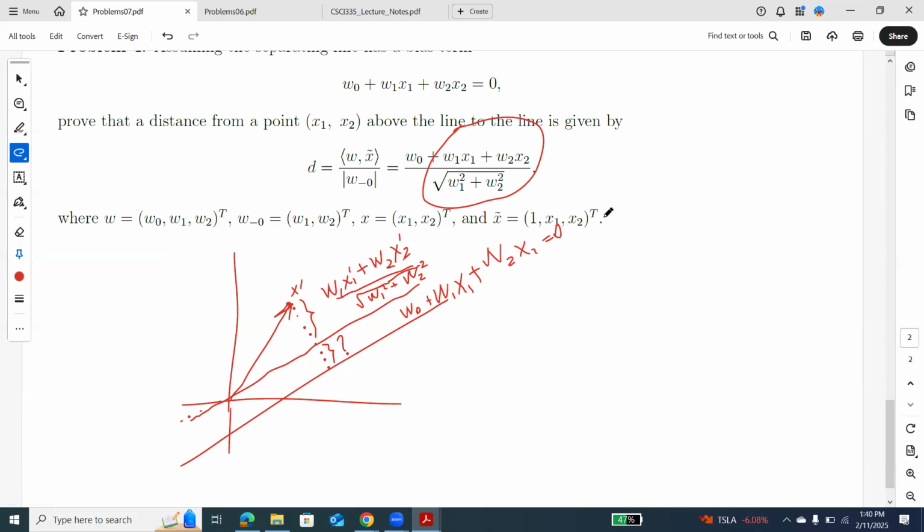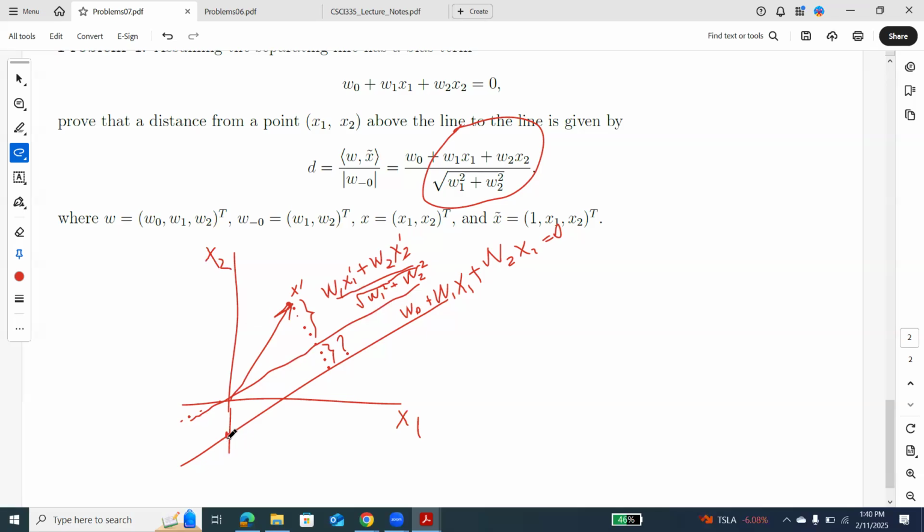You have the equation. X1 should be 0 at this point.